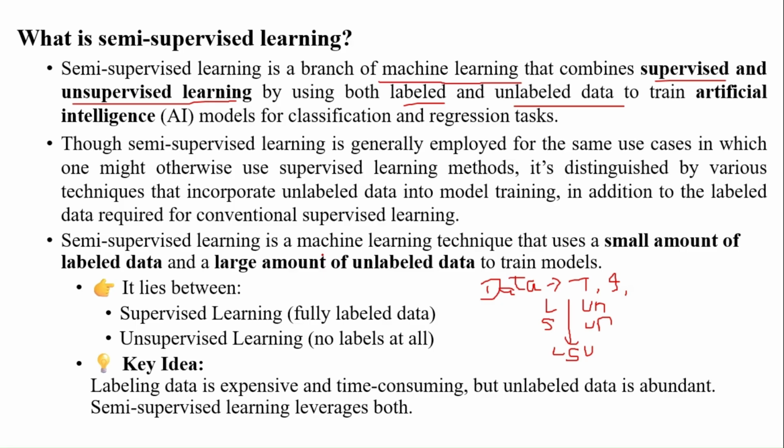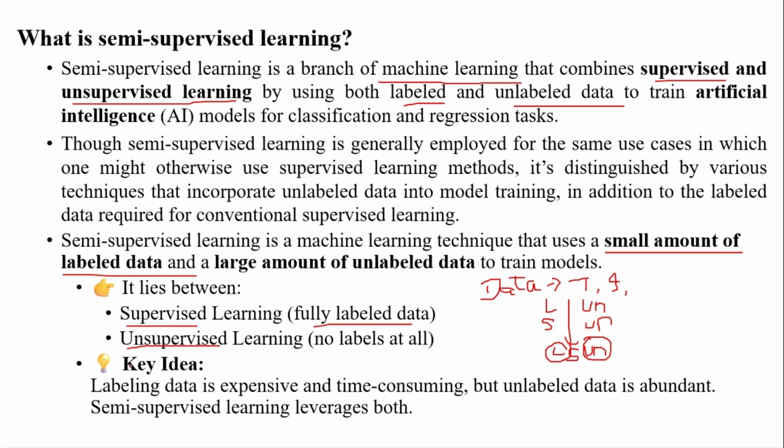It is a machine learning technique that uses a small amount of labeled data and a large amount of unlabeled data to train a model. It lies between supervised learning, which has fully labeled data, and unsupervised learning, where there are no labels at all.